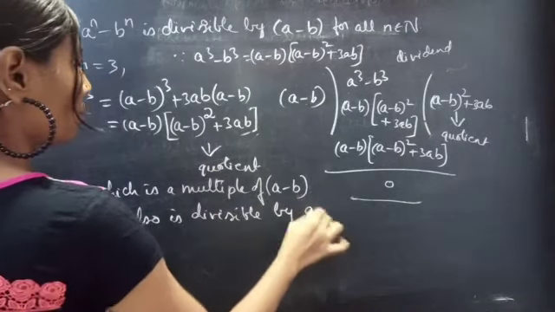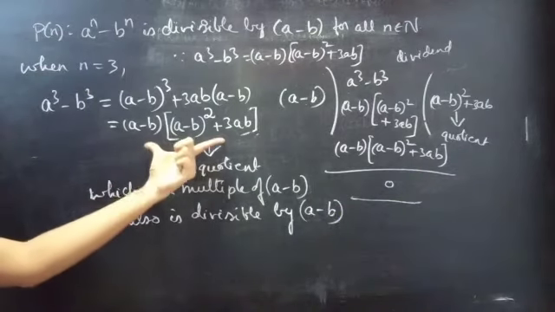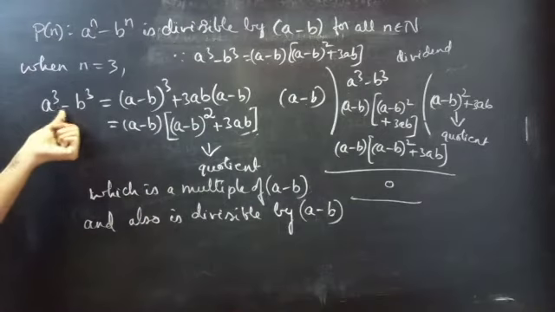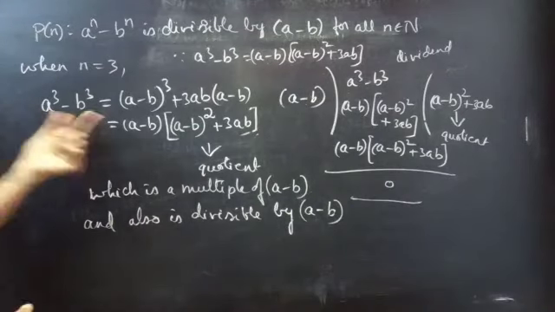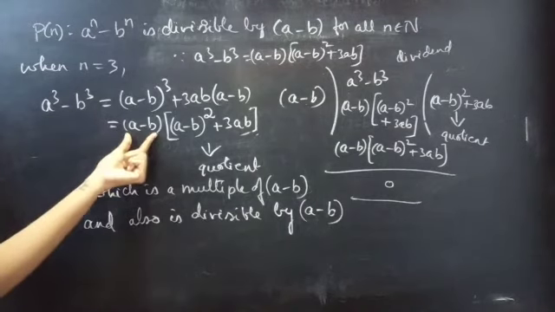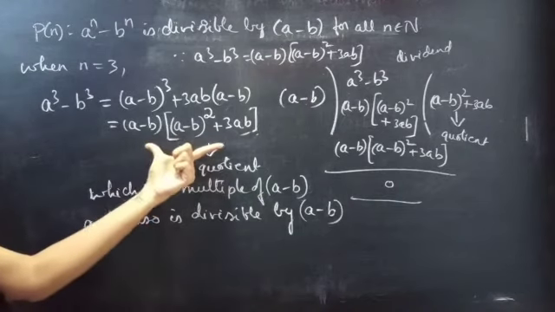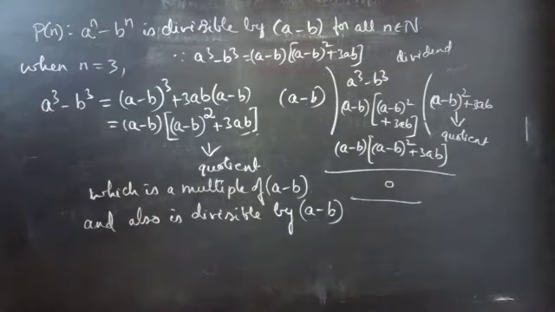Since if this term is divisible by a minus b, then a cube minus b cube is divisible by a minus b, right? Since a cube minus b cube is nothing but a minus b times a minus b whole square plus 3ab, if this is divisible by a minus b, then obviously a cube minus b cube is divisible by a minus b, right?